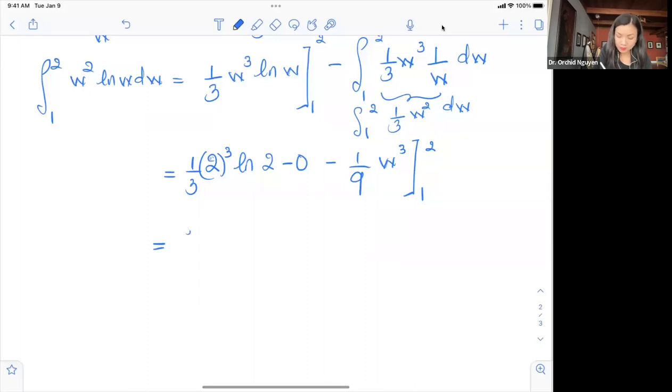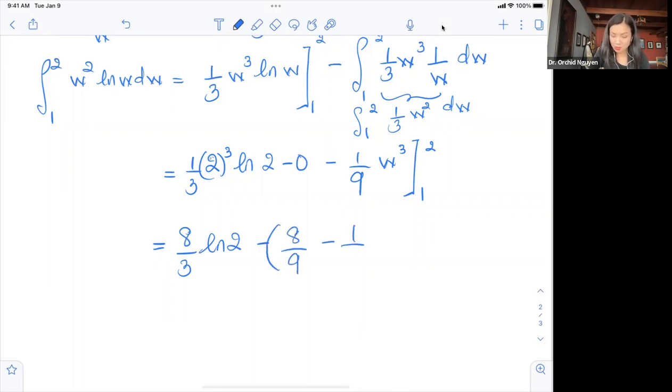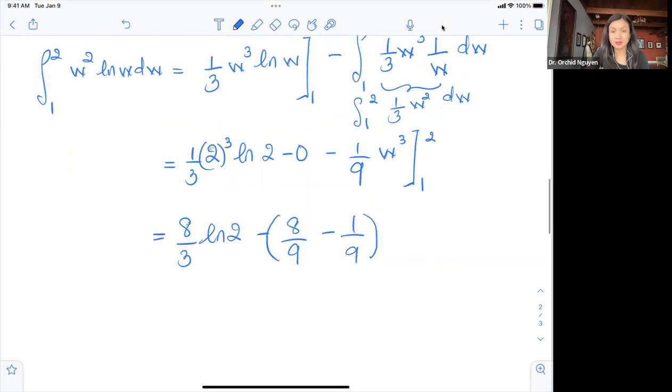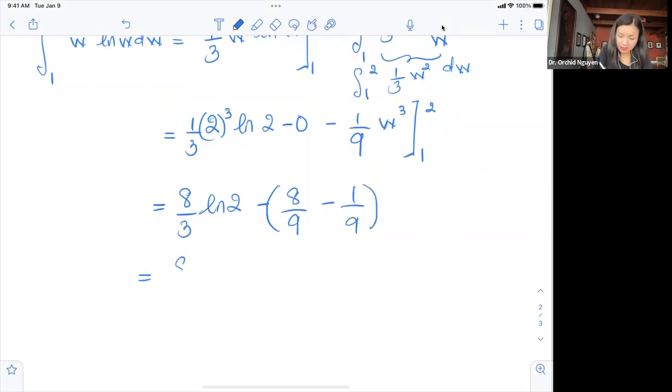So the first part turned into 8/3 ln 2, and the second part turned into minus 8/9 minus 1/9. So when I simplify it, I'm going to keep the exact number: 8/3 ln 2 minus 7/9. And that's my final answer.